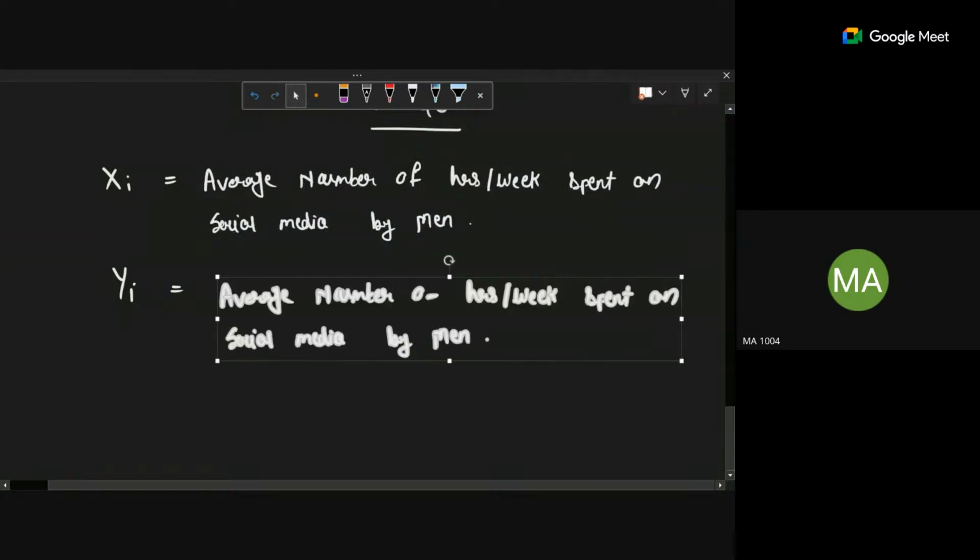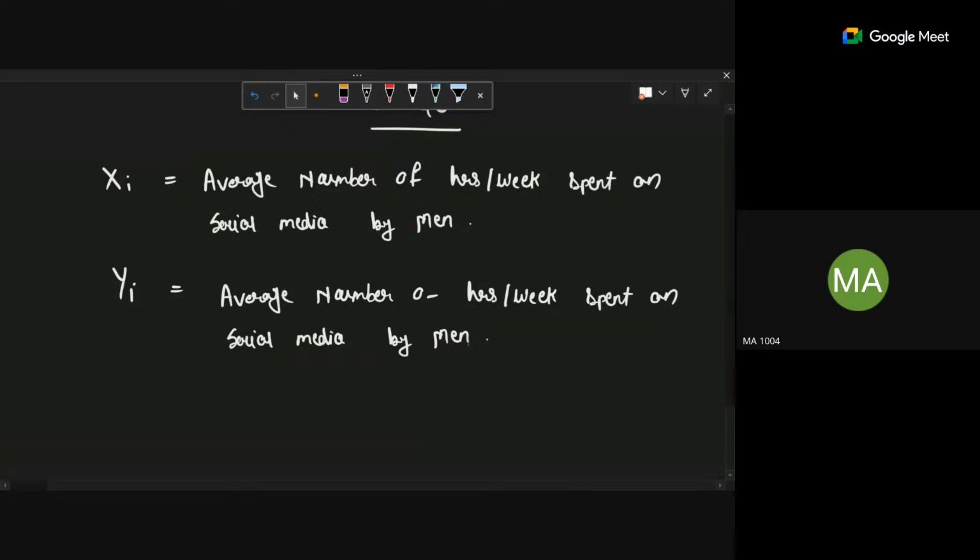Fine. So if they are random variables there, how many samples are we taking here? So it is also given there.